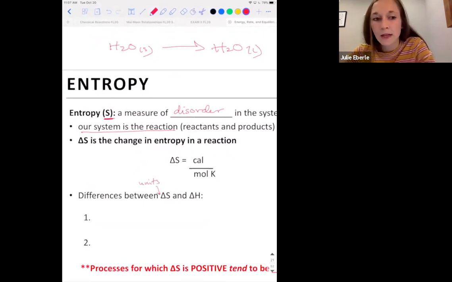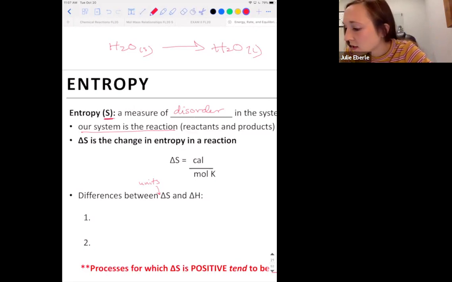Anybody remember? Anybody name one? Think about units for delta H. Those of you who did the lab yesterday, what did you constantly report your delta H in? Yeah, kcal per mole. So delta H is kcals or kilojoules per mole.